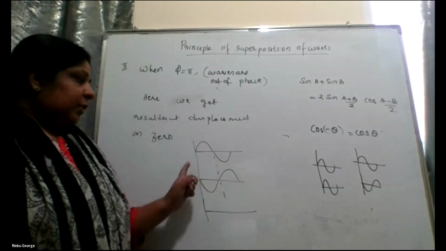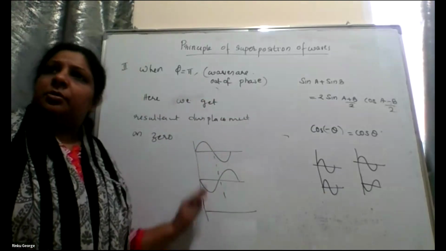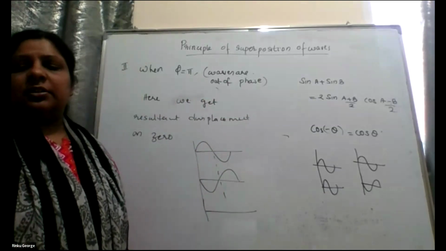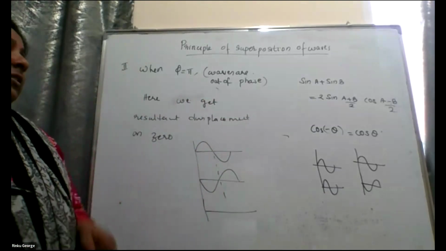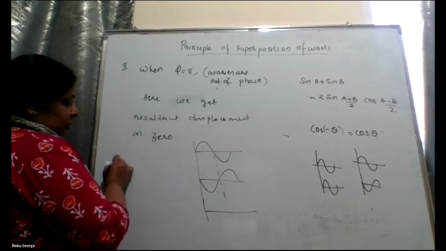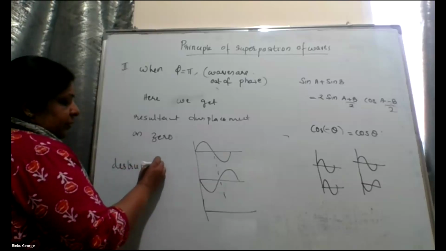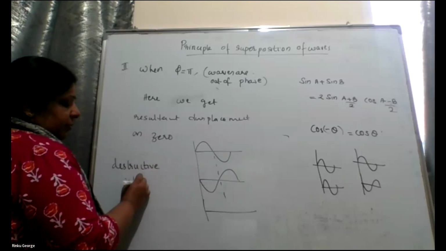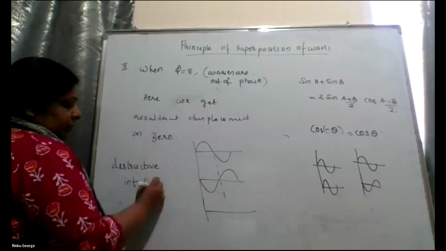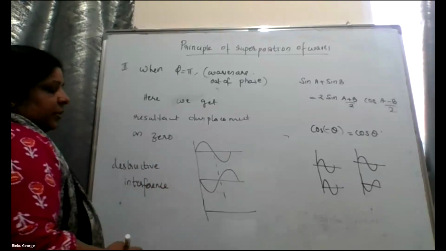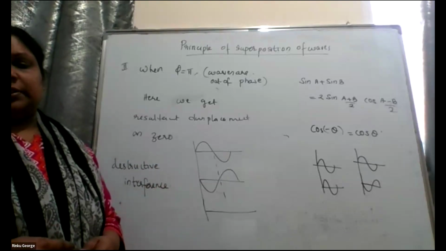This is the case: one is positive and the other negative. When you add, it will become 0. The resultant displacement is 0. And this is known as destructive interference.